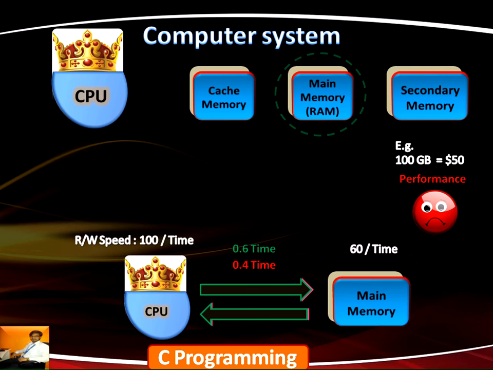Main memory devices are available in smaller sizes, but are costlier than secondary memory. For example, 1 GB of RAM costs about $50. If we want to construct 100 GB of main memory, it costs about $5,000, which is too costly. However, the performance is good compared to that of the secondary memory.